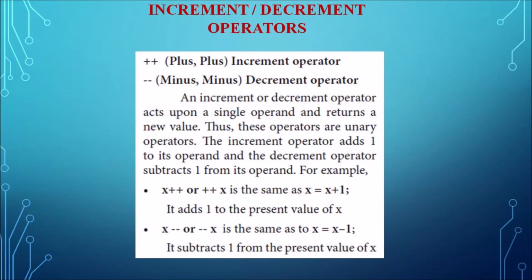The next one we are going to see is the increment and decrement operators. They also come under the arithmetic operators. Increment means it increases the value by 1, and decrement means it decreases the value by 1. That is the exact meaning of the increment and decrement operators.